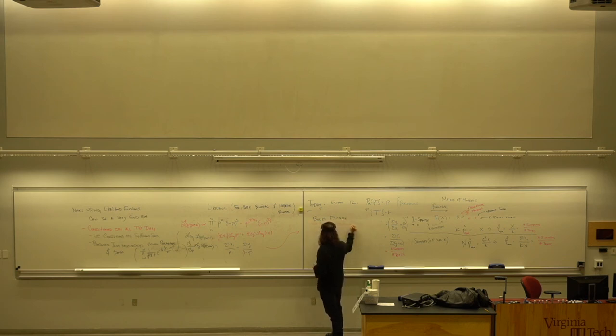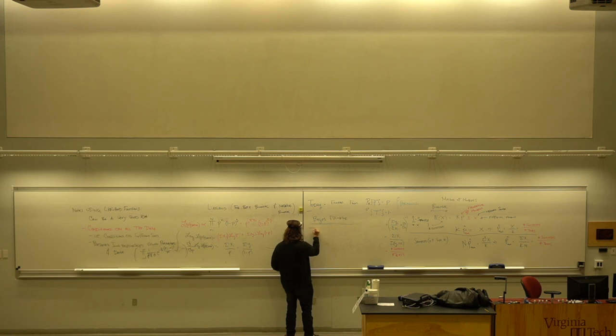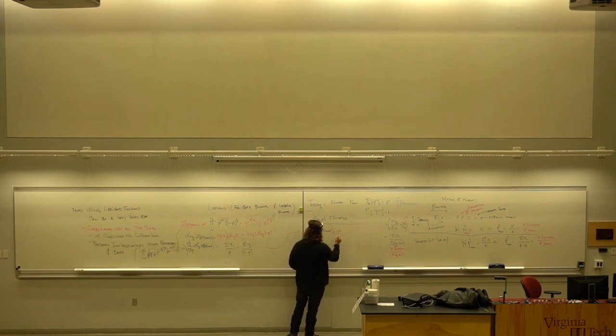Bayesian estimator. So what we're going to do for everything is we're going to form the posterior. And this is going to be from the likelihood times the prior.